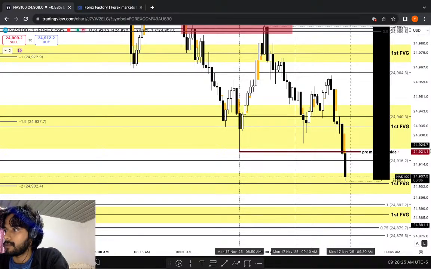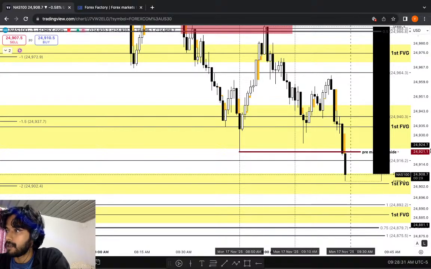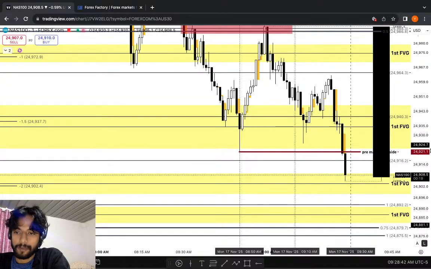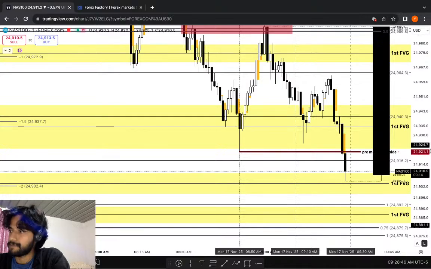And I'm looking for this 4-hour candle. We have come inside the 4-hour buy side imbalance, sell side inefficiency, and the order block. The opening price for this is 24845. Okay, 24845.